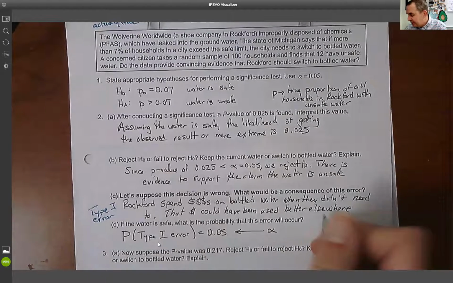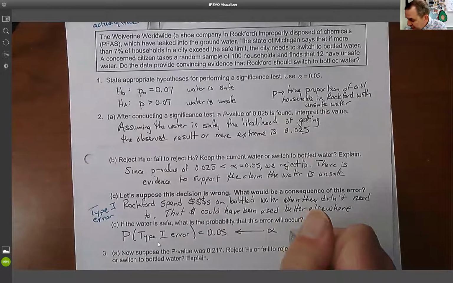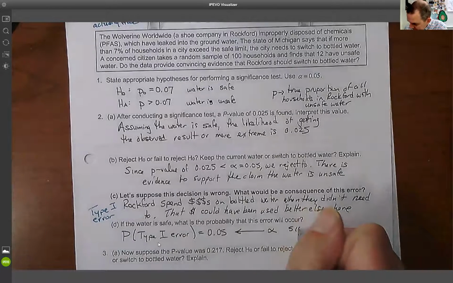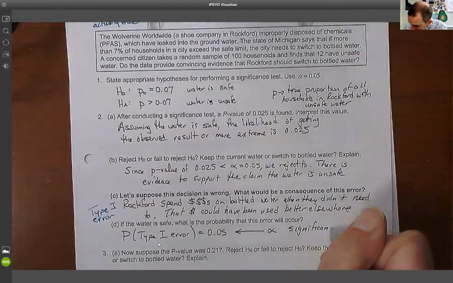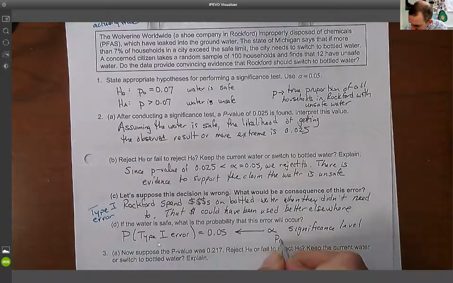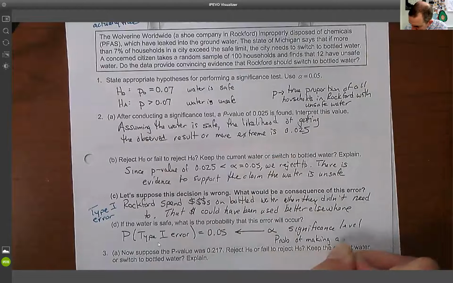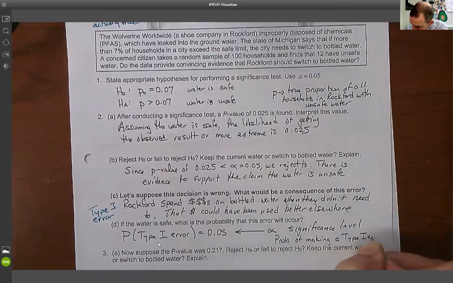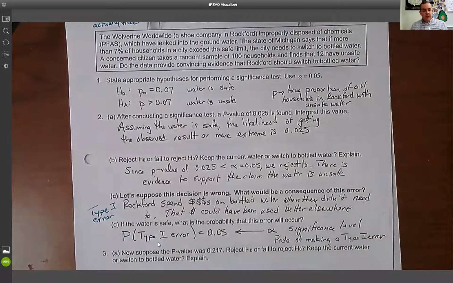So the significance level is also the probability of making a type 1 error. So my first type of error is a type 1 error: I reject the null when I should not have. Now let's take a look and see what the next one is.